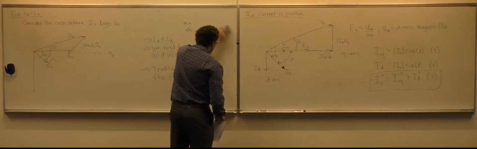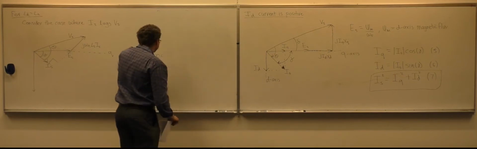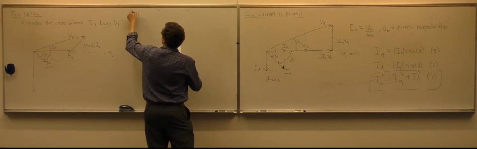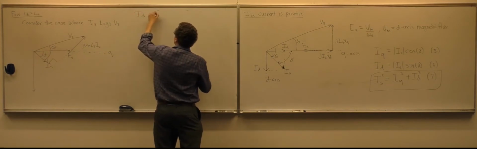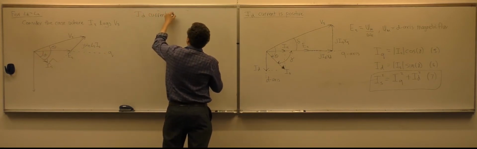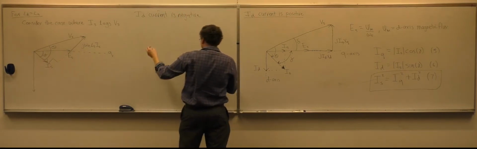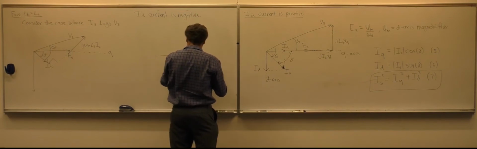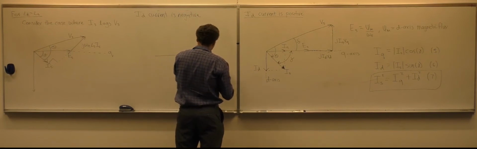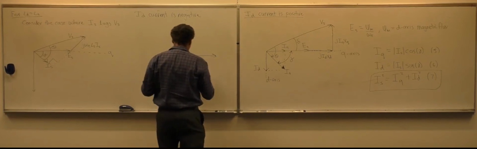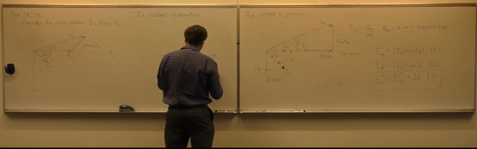If ID current is negative, I'll just decompose the current in this drawing.